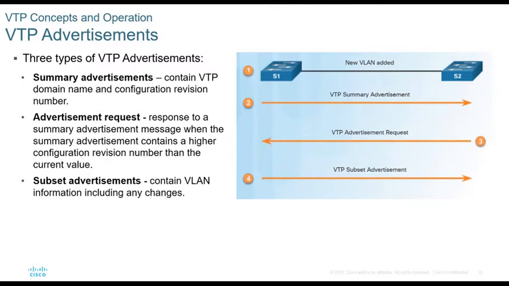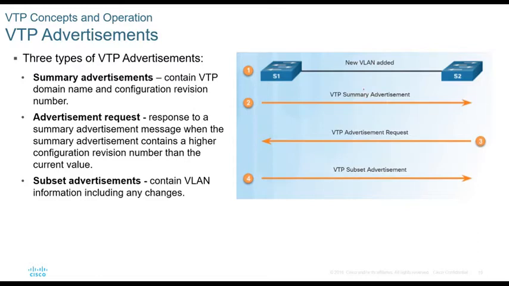So this is how they actually exchange VTP advertisements in the VLAN trunking protocol environment. We have the summary advertisement, and the advertisement request is more like a three-way handshake happening between these two switches.